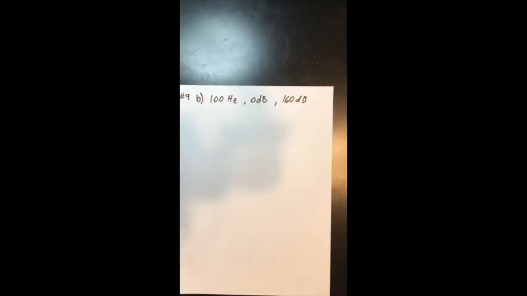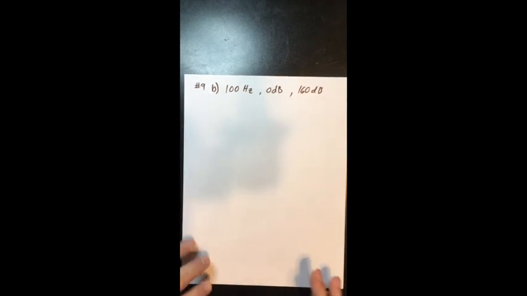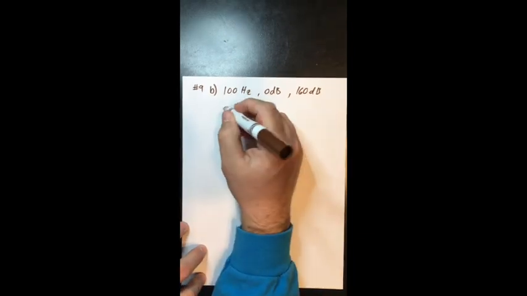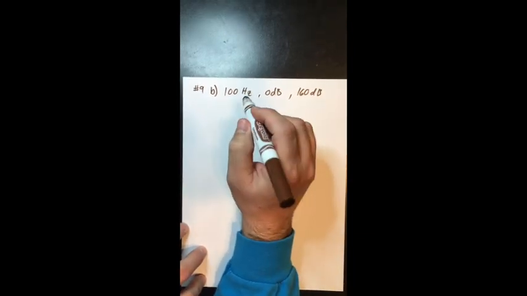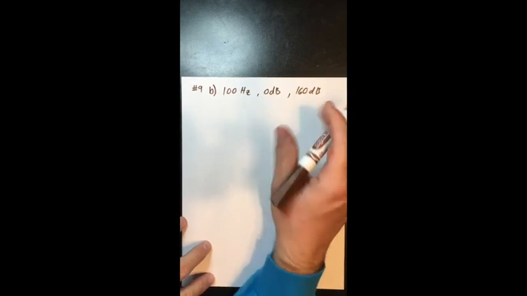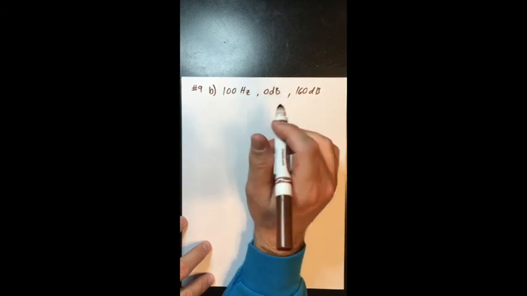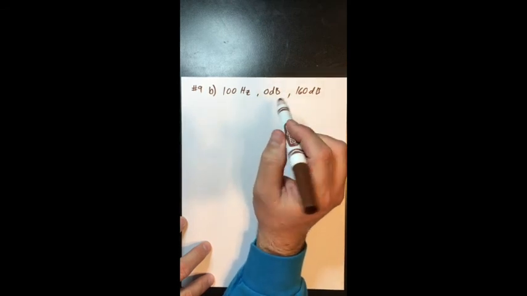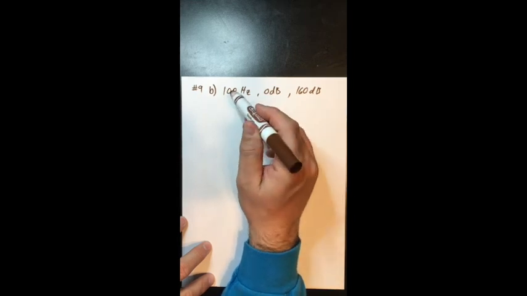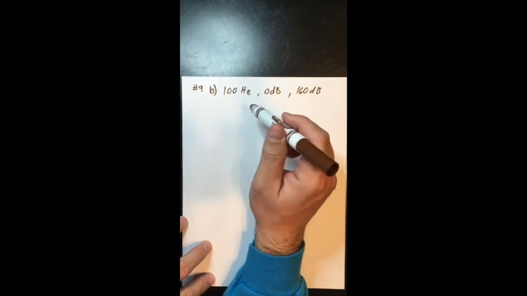Okay, for part B of example number 9, we want to find the same values but with 100 hertz instead of 1,000 hertz. There's something really important to remember here. When we're talking about these calculations, instead of having to go back to the beginning every time, if we can come up with a relationship that will help us simplify things, that will be very helpful. To go from 1,000 hertz down to 100 hertz, we've basically divided the frequency by 10, right?